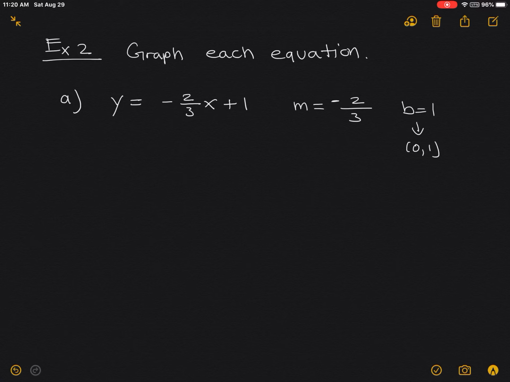So in the first video, I showed you guys the way you graph a linear function: you plot the y-intercept, step 1, and then you do a rise over run from the y-intercept. This should be review.